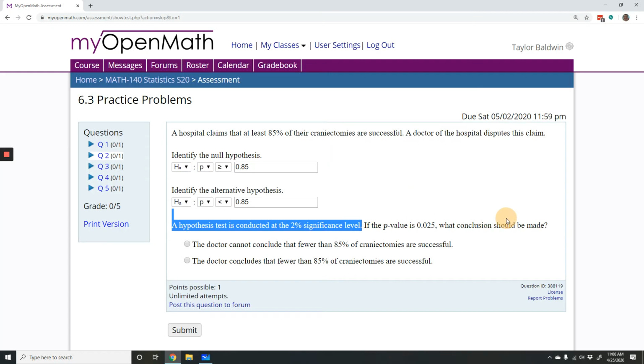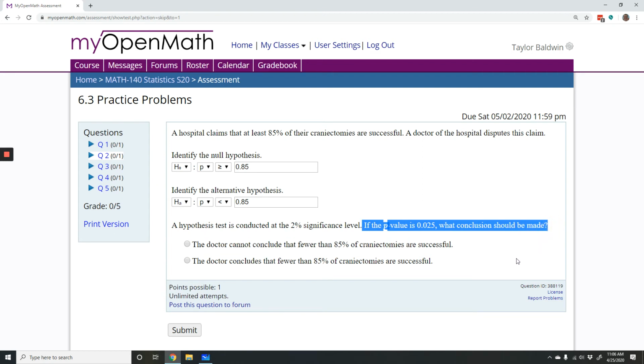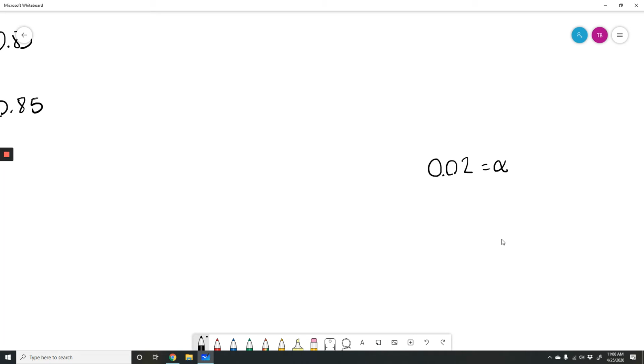The p-value of this hypothesis test is 0.025. So our p-value, the probability that we get a sample that is at least as extreme as the sample we actually got, is 0.025.